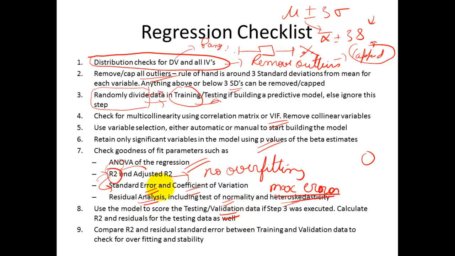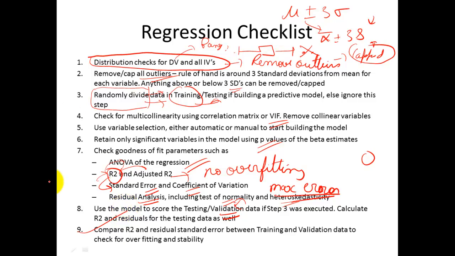Check the standard error again on the residuals, and do the same residual analysis tests on the validation data as well, and see whether all the checks which held true in training are holding true in validation as well. If everything compares up well, you have your model and you're ready to go. And that was the regression checklist that you must look at while doing a regression modeling exercise.